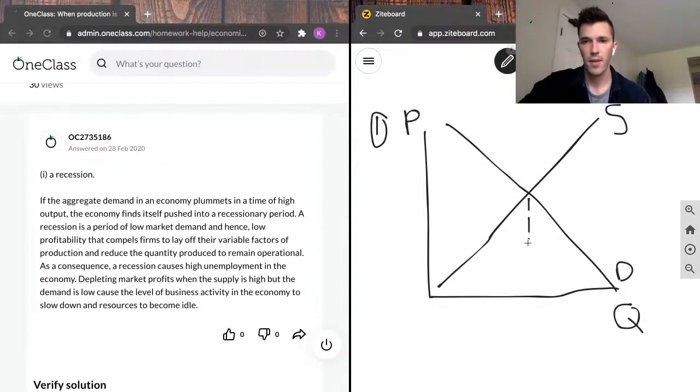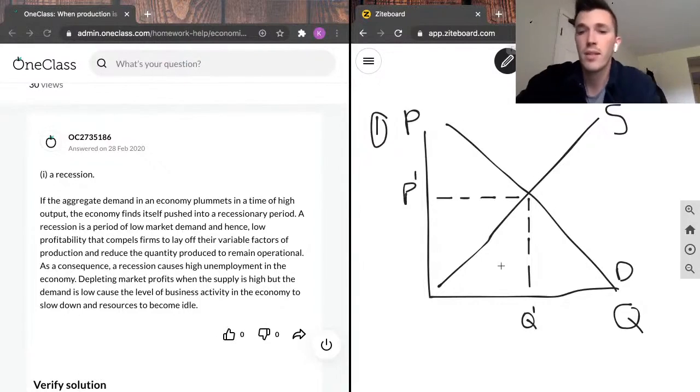And if you can remember, equilibrium can be found at the point where supply is equal to demand. So these lines I've drawn here represent the equilibrium price and the equilibrium quantity.